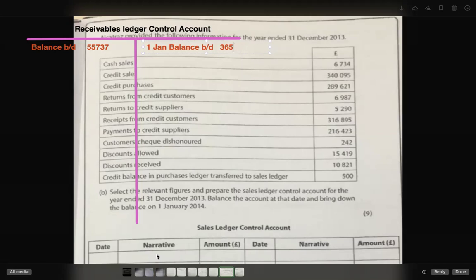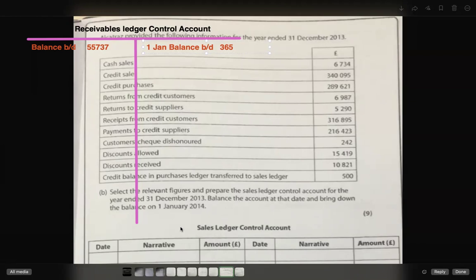The debit side. Cash sales, that's my question. Credit side. Who said credit side and who said debit side? Sir, I said credit side. Do we record cash sales in the receivables ledger control account?